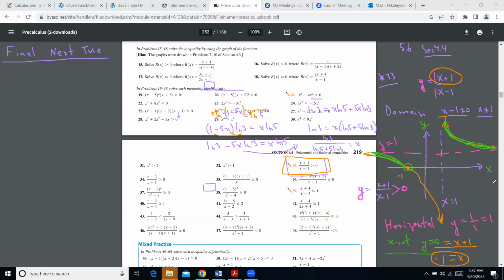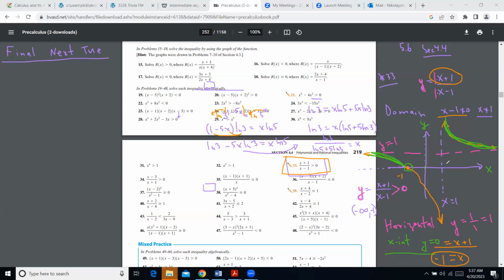x-axis. So I need to write the solution with respect to variable x, and this will be from -1 all the way to the left. So minus infinity to negative 1 without including it.